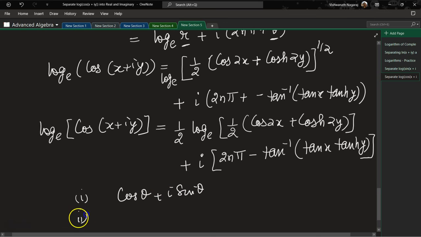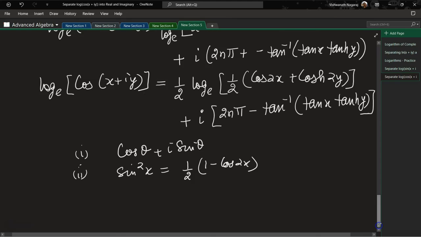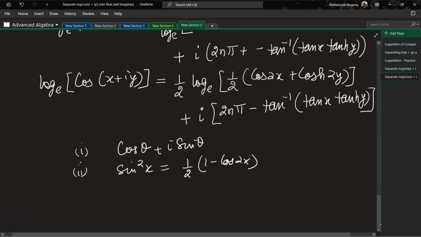Then you also have to remember the appropriate identities. For example, sine square x can be written as 1 by 2 times 1 minus cos 2x. And accordingly, cos square x is equal to, in this form. Similarly, hyperbolic cos, hyperbolic sine. So you need to know these identities and basically where to apply them.